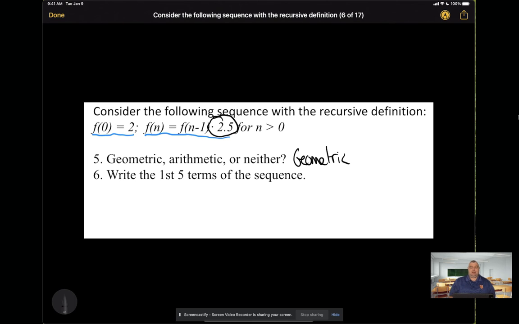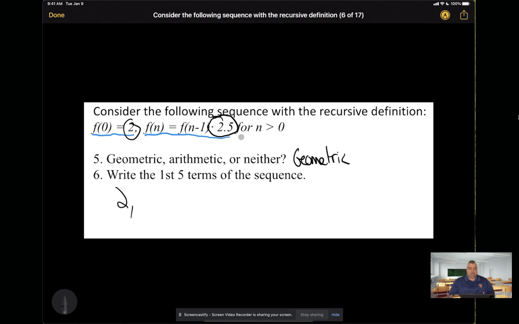Number 6, write the first 5 terms of the sequence. My starting term in this case is obviously going to be 2. And then what does this recursive definition say? To get a new term, my new term equals the previous term times 2.5.